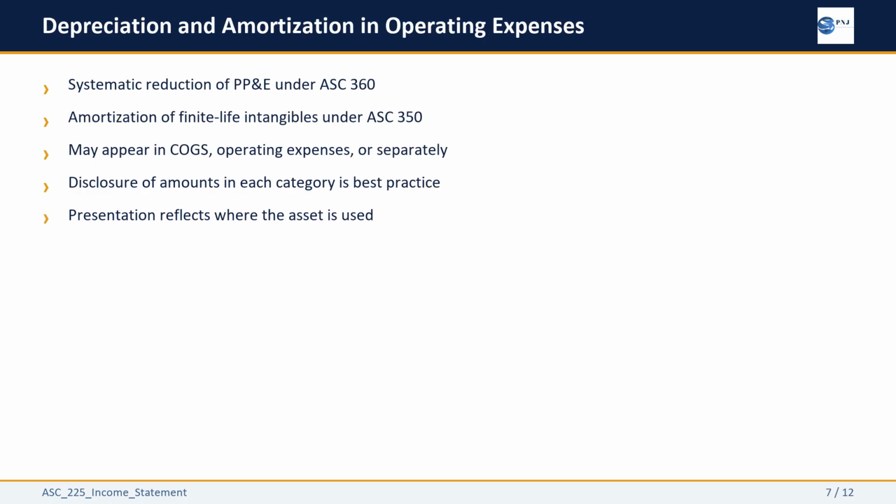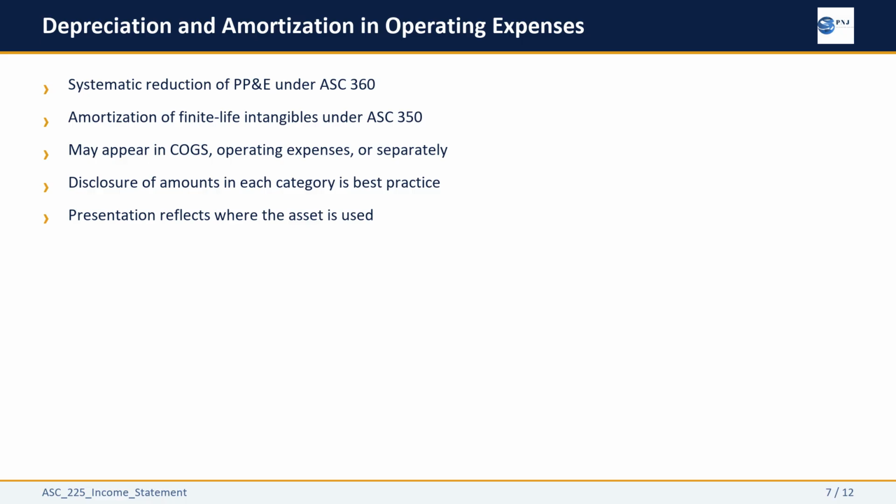Depreciation and amortization represent the systematic allocation of an asset's cost over its useful life. Depreciation applies to property, plant, and equipment under ASC 360. Amortization applies to finite life intangible assets under ASC 350. Here is what often surprises people.